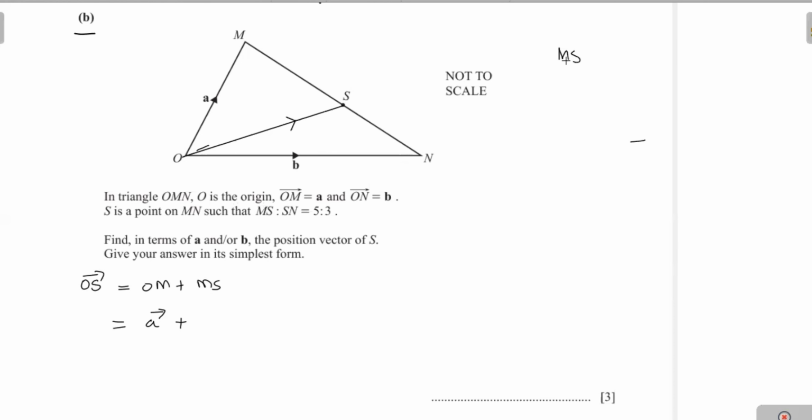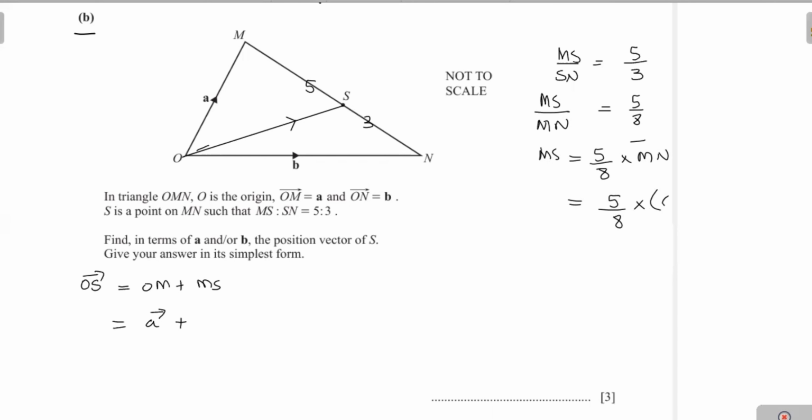You see here MS over SN is equal to 5 over 3, and for MS over MN, this is 5 ratio, this is 3, therefore MN will be equal to 8. We can write 5 over 8. MS will be equal to 5 over 8 into MN. MN we can write as ON minus OM.